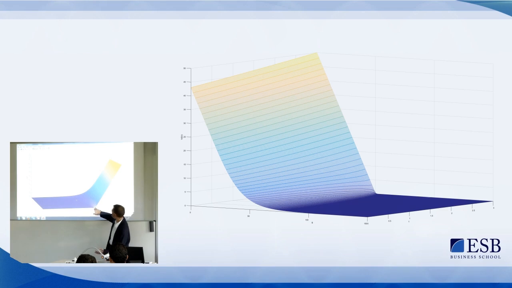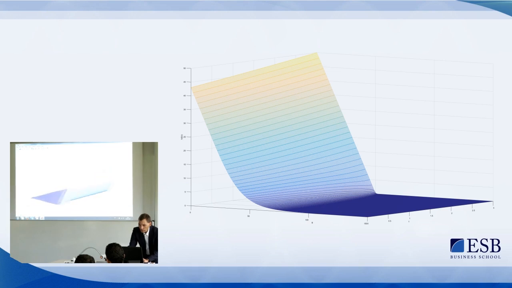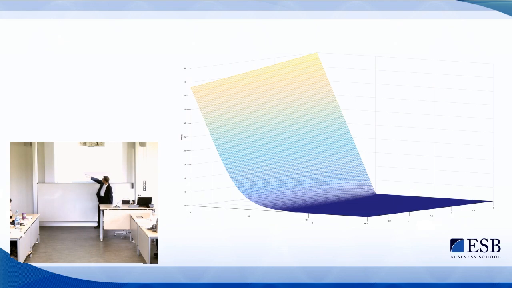If the stock price, let's say, is around 50 today, this surface gives you the price of the option. So if we turn it once around, we can see that at a price of around 50, we are somewhere here, which gives you a positive value in a three-dimensional framework.